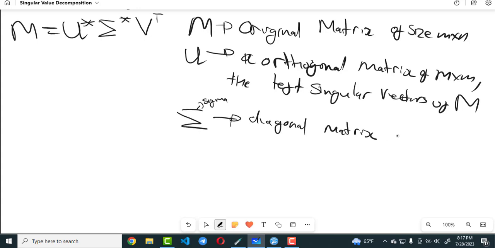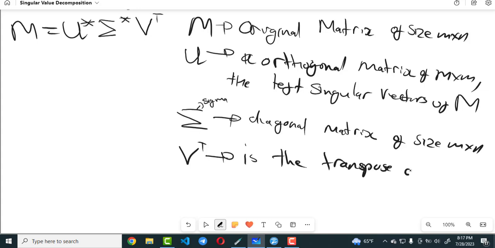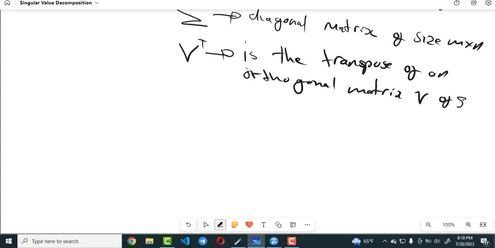So this represents the diagonal matrix of the same size, remember, of size M by N. And lastly, we have V power T, which is nothing but the transpose of the orthogonal matrix V here, and it will be of size N by N.